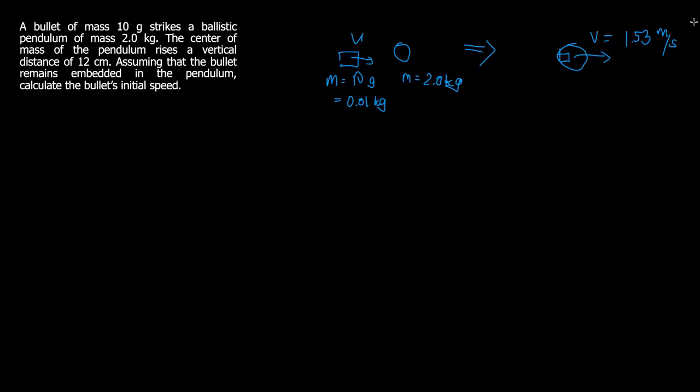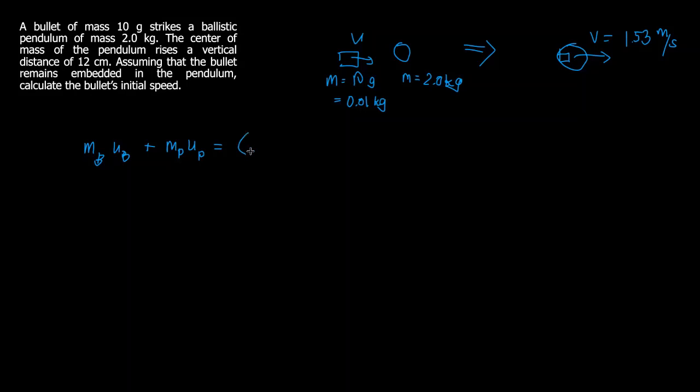So, to find U, we will again use the conservation of momentum equation, which states that the momentum of the bullet, the mass of the bullet times its initial velocity, plus the mass of the pendulum times its initial velocity is equal to the mass of the bullet plus the mass of the pendulum, that is where we use the center of mass.